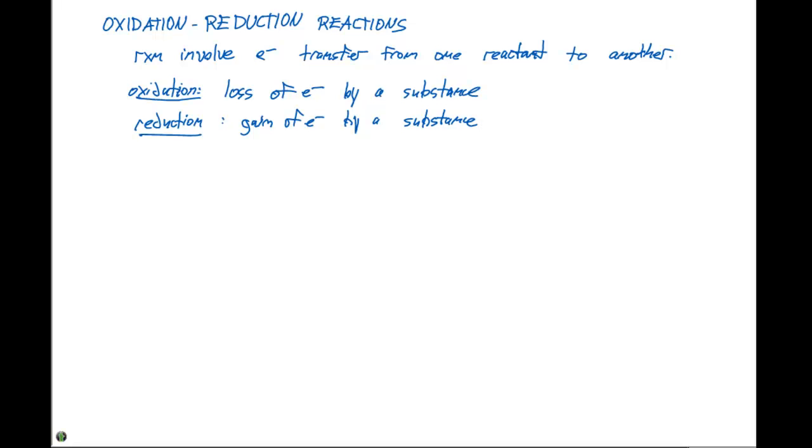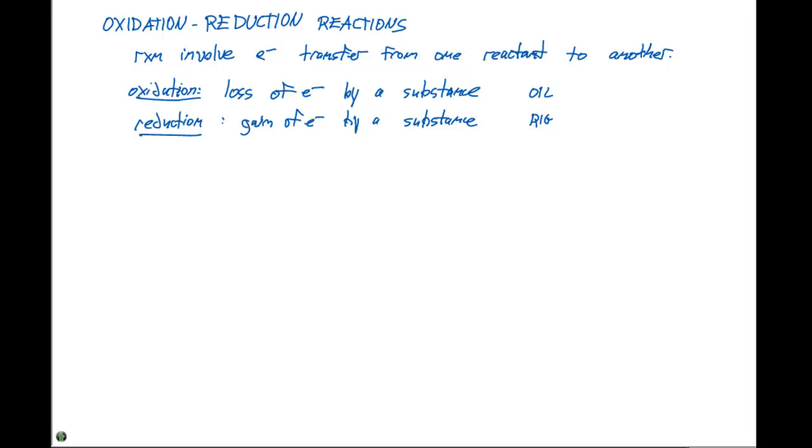You may have heard the term OIL RIG, which stands for oxidation is losing and reduction is gaining, and this is in terms of the electrons that are transferred between the reactants.